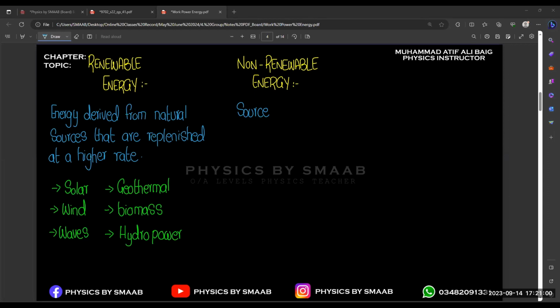And we are not able to replace them because they are in limited quantity. Like if we take the concept of electricity, basically electricity is not natural. We actually generate electricity from some other source, so that is in a limited amount. So we have to generate electricity on a daily basis according to consumption, right? So that is non-renewable energy.